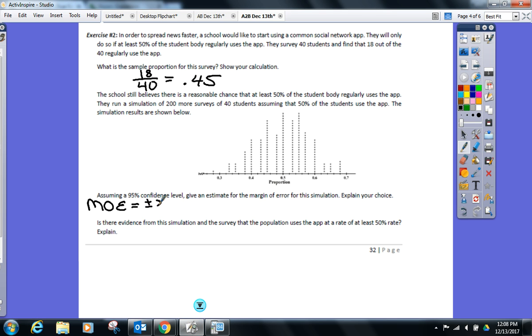Plus or minus 2 times my standard deviation. I will provide you with the standard deviation for this one. The standard deviation was 0.047, and because I know you're going to need it coming up, the mean was 0.501.